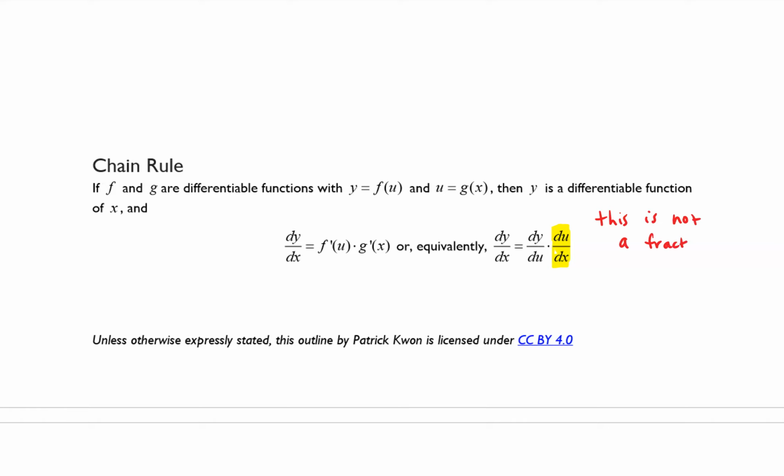It looks like a fraction, but is not a fraction. Each of these things represents a rate of change. That's something to keep in mind when you're doing chain rule.